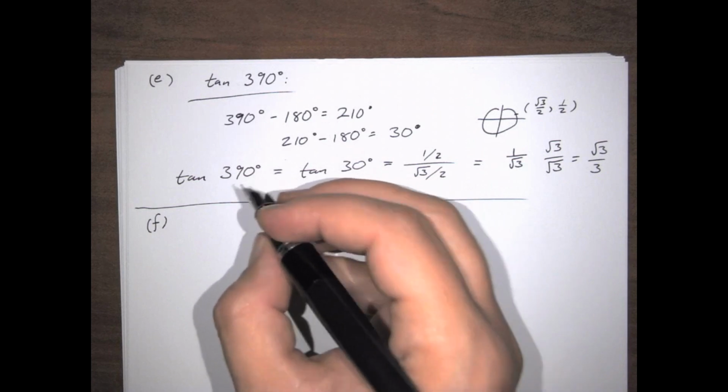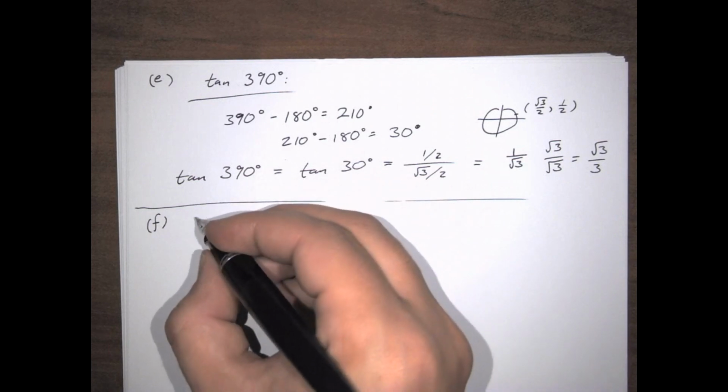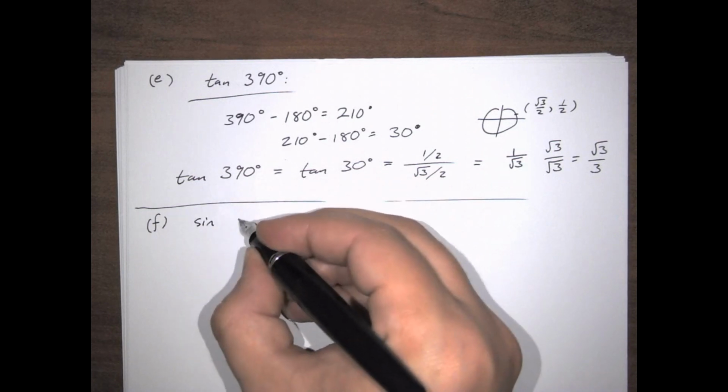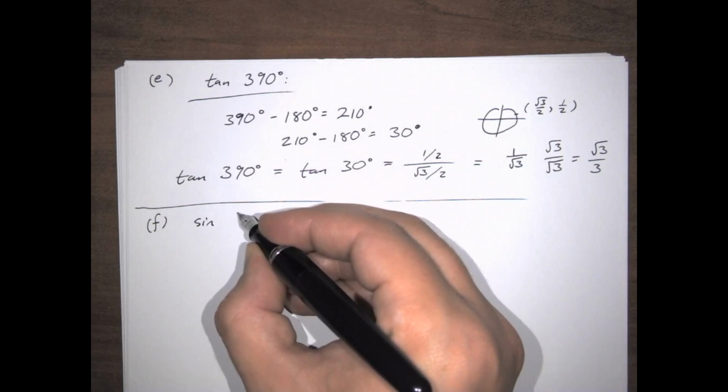Okay, so let's go with part F here. Sine of 9 pi over 4.